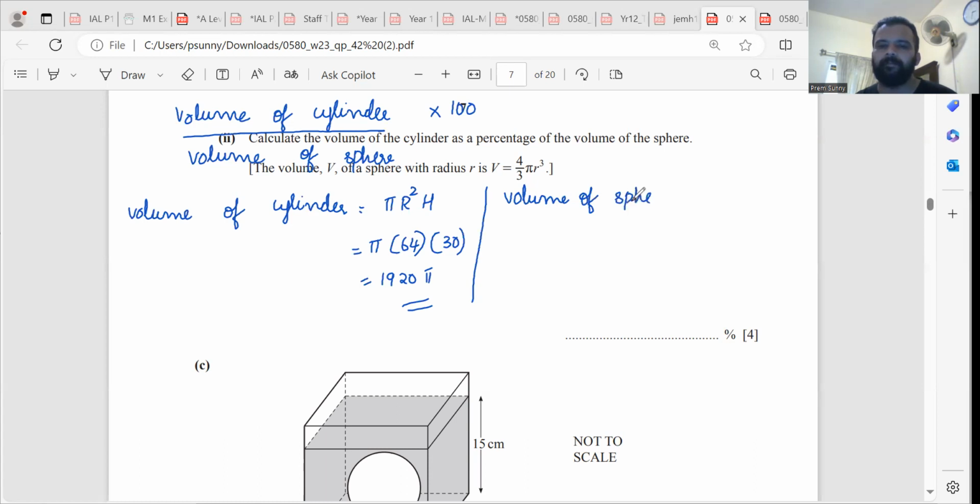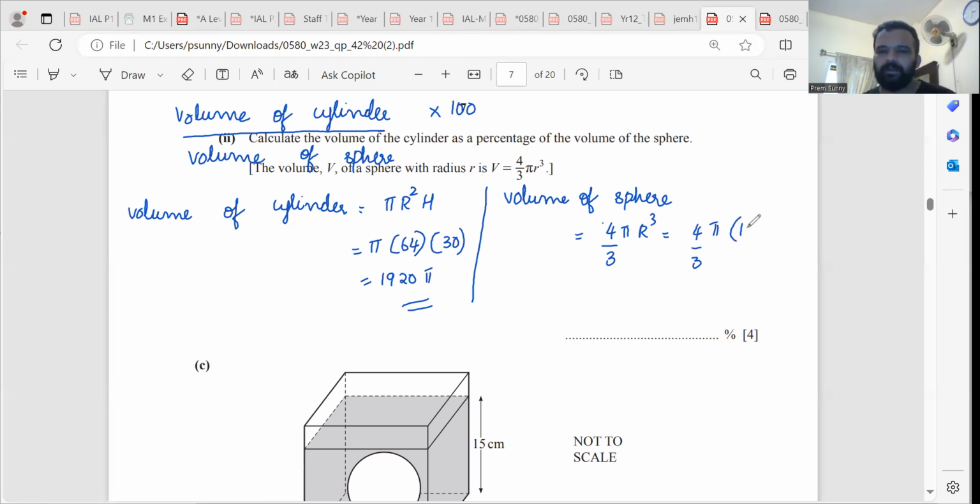Now let's find the volume of the sphere. We know the formula is 4 by 3 pi r cube. In this question, the radius of the sphere was given as 17, so 17 to the power of 3.